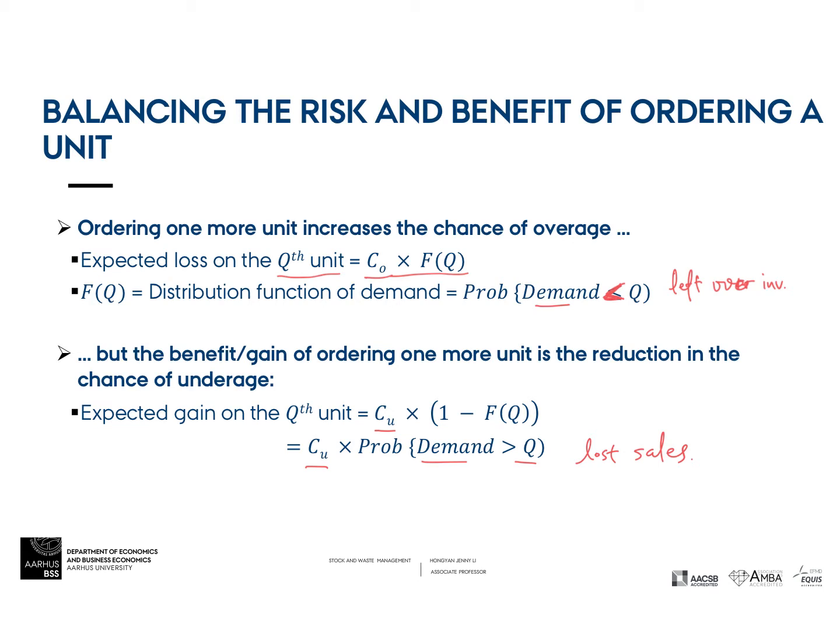In that sense, we continue to think about how to balance, or make a trade-off between, the underage cost and the overage cost. Of course, the best is to have them equal, so that the underage cost equals the overage cost.